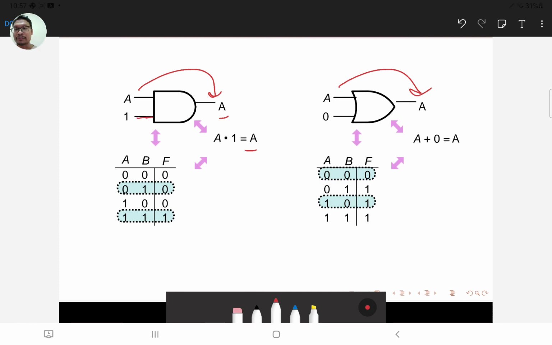If we put a constant 1 on one of the inputs, then the output is going to follow the other input A. And for the OR gate, in order to get the A value, we need to supply a 0 or a ground on B. Then you can see A transferred to F, and A here also transferred to F here.